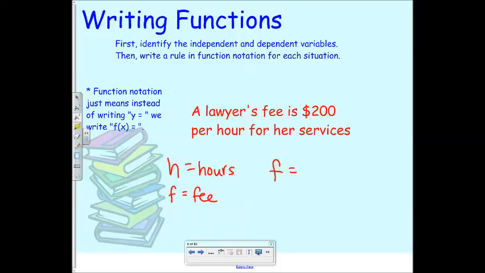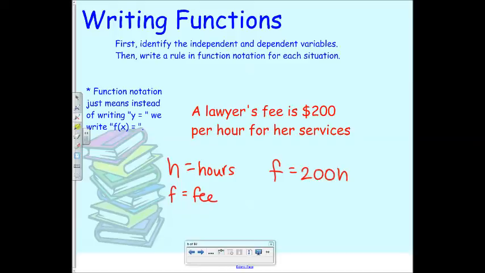Multiplication. What am I multiplying H by? 200. Matthew, why am I multiplying H by 200? Because for every hour that this lawyer works, she makes $200. So if she makes $200, that means in 1 hour, what would her fee be? 200. In 2 hours, what would her fee be? 400. In 3 hours? 600. And so on and so forth, right?